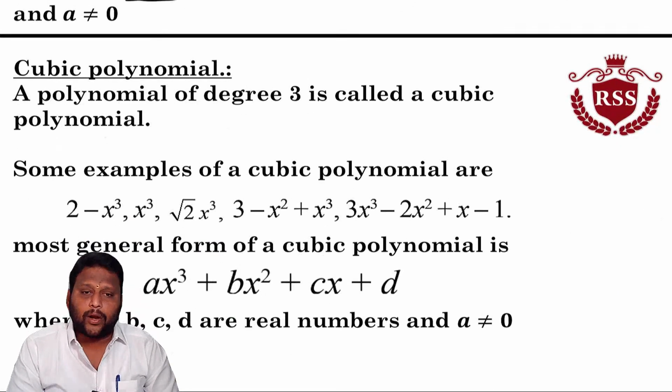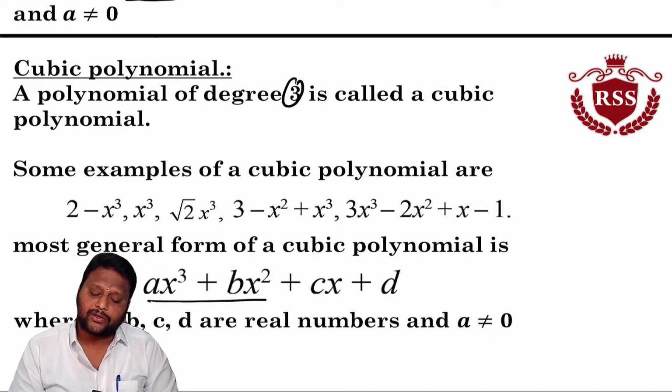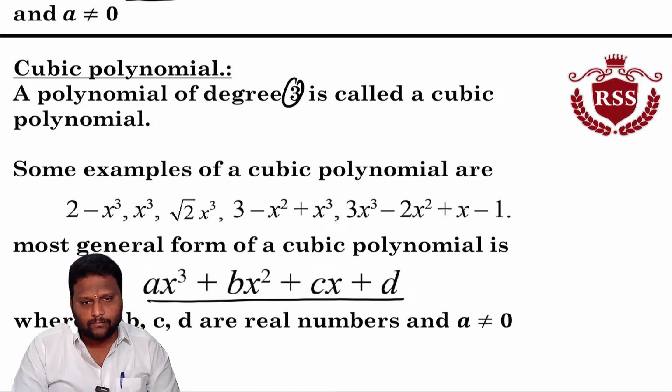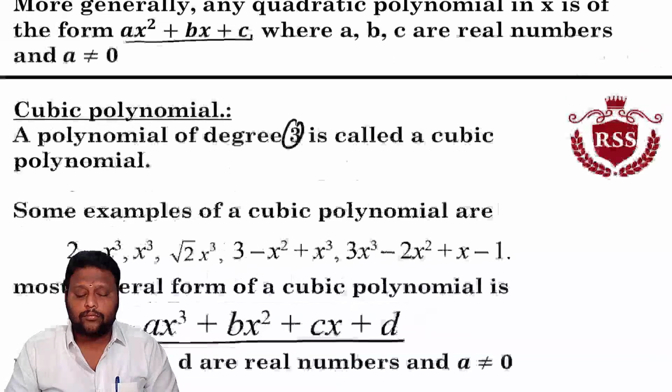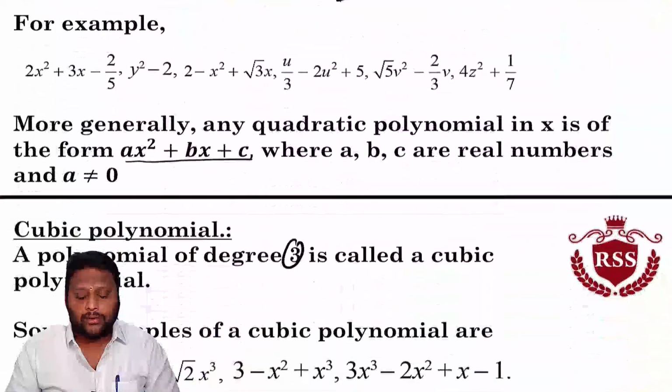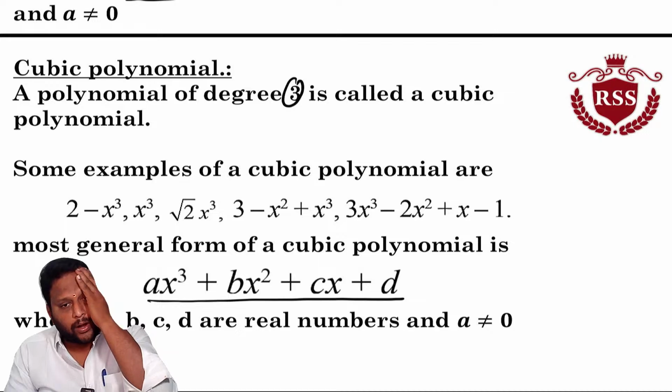Cubic polynomial means degree 3. The general form is ax cube plus bx square plus cx plus d. This is about the cubic polynomial. So a polynomial with degree 3 is called a cubic polynomial.